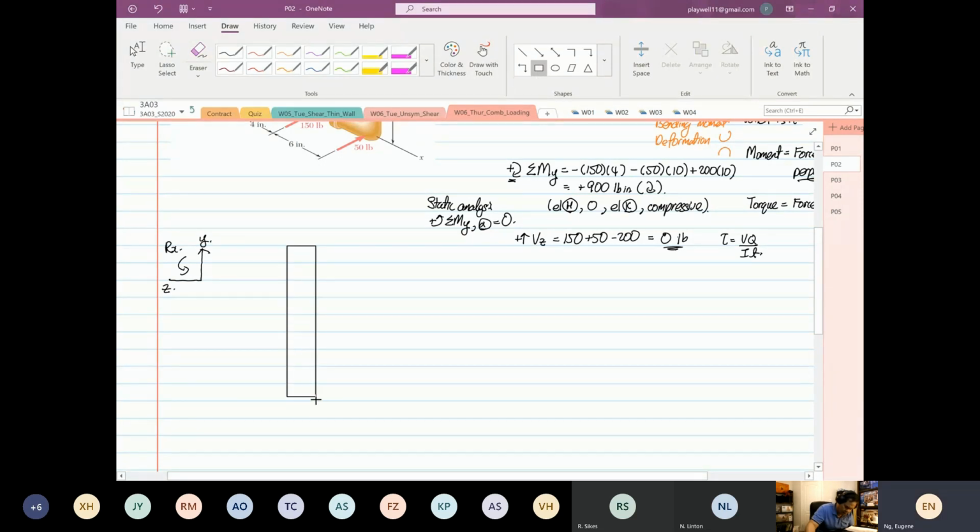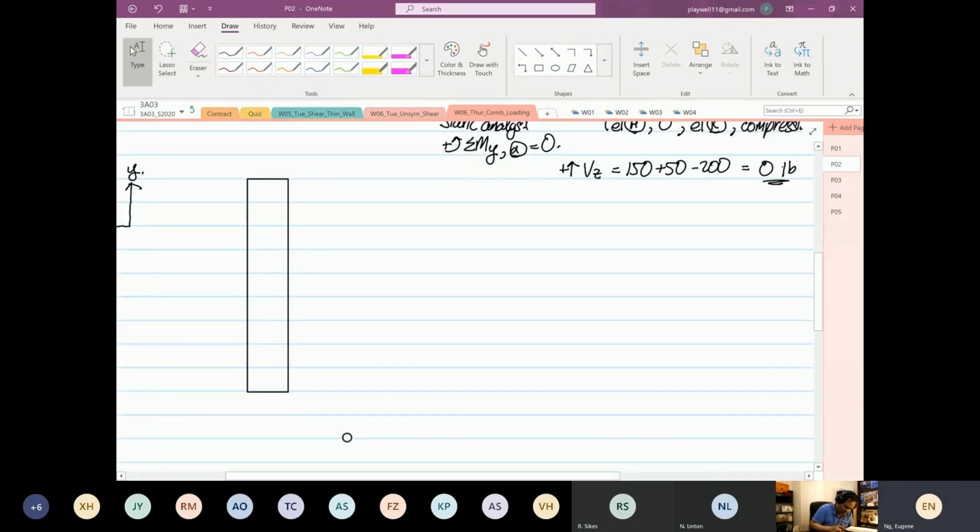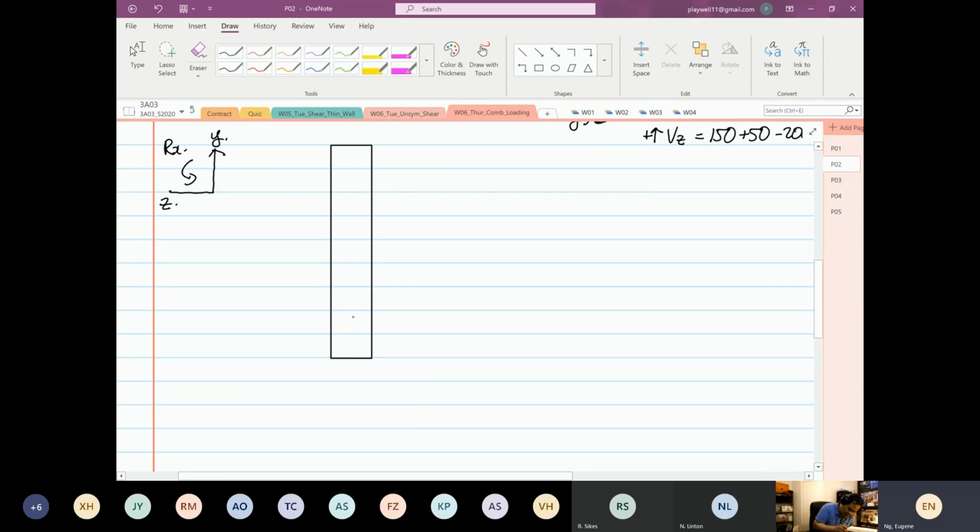I'm going to draw it a bit wider. All right. So this is our beam. This is our circle. And this is the position of our neutral axis. Right now, the neutral axis is a dot.